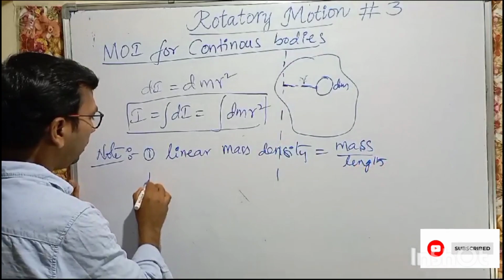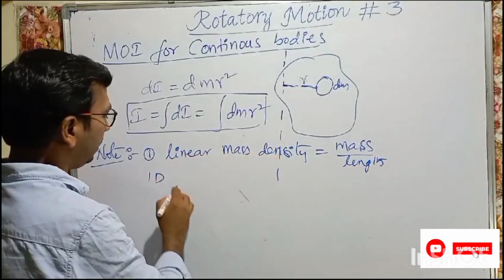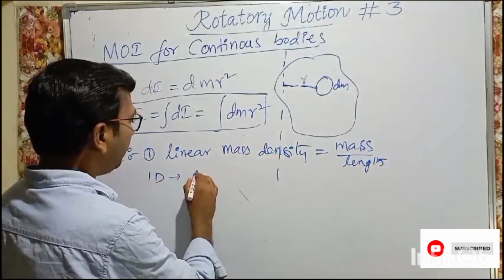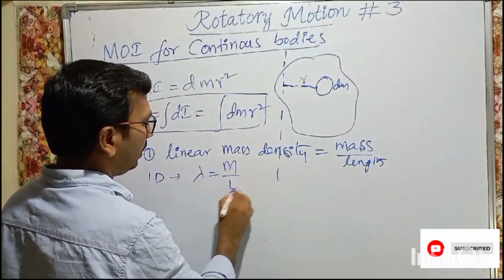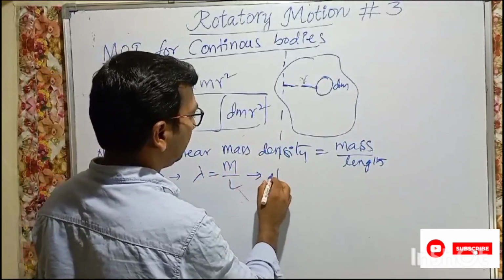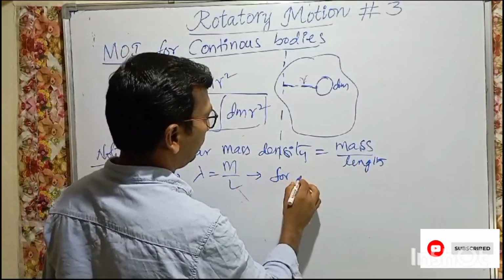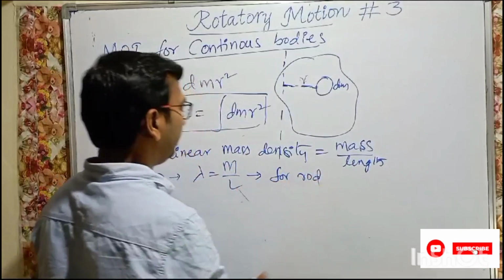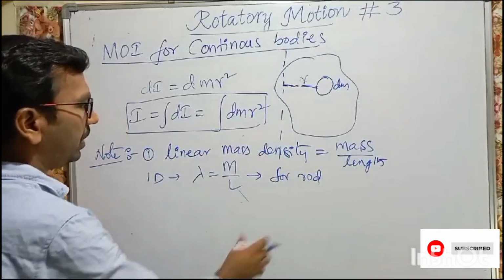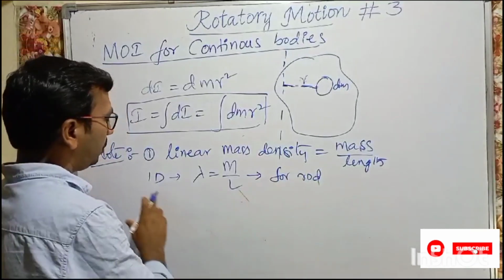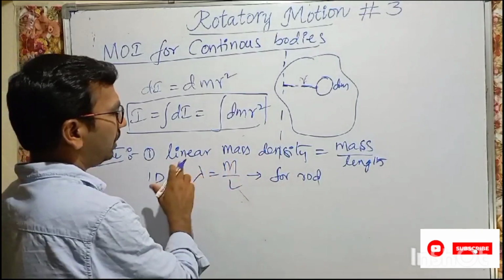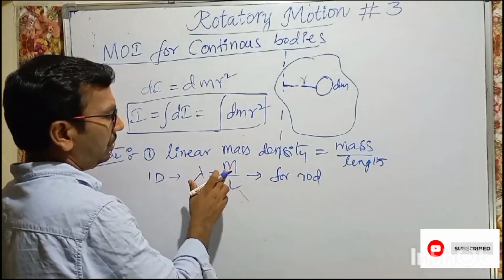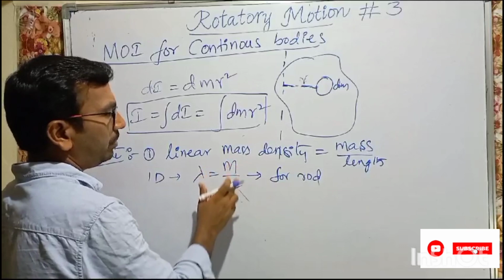Linear mass density describes 1D bodies. So lambda, linear mass density, lambda is m by L. This is for a rod. This rod is a one-dimensional body. So for 1D, lambda is equal to m by L.